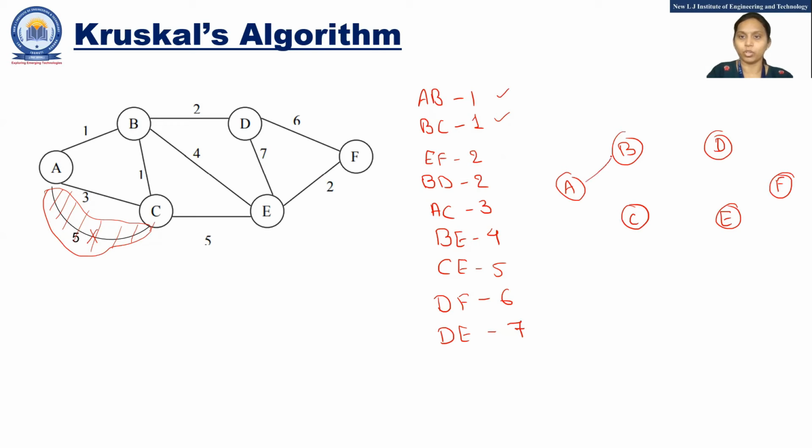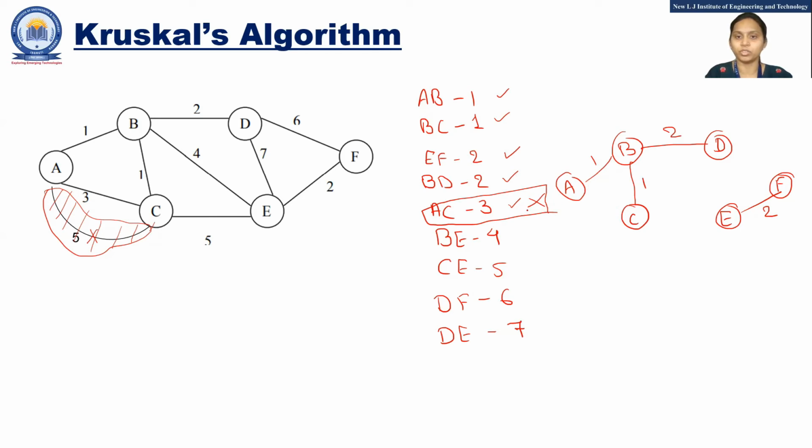So AB is 1, BC is 1, then after EF is 2, then after BD is 2, then after AC is 3. But do you require to add it? No. Because if you add this edge, then you end up with a cycle and you don't want any cycle. So this is a lower value, but you don't want to add it.